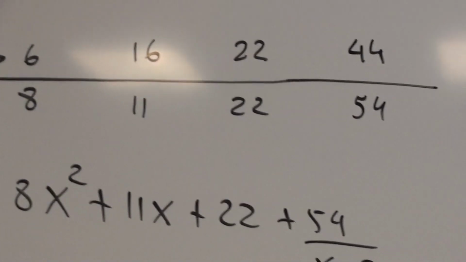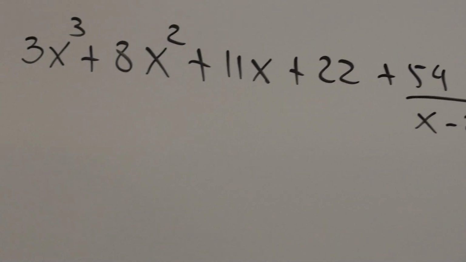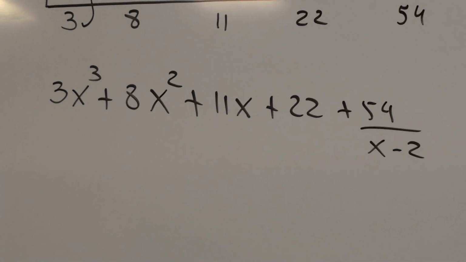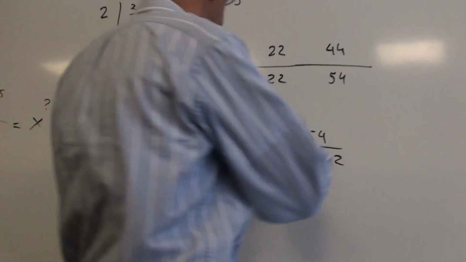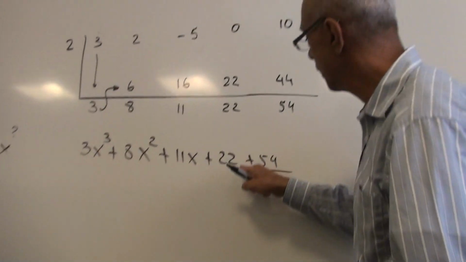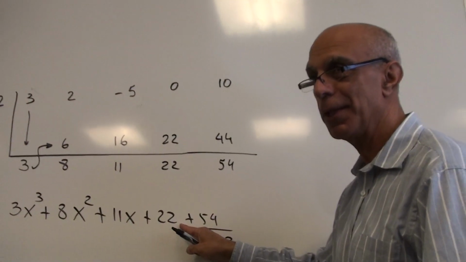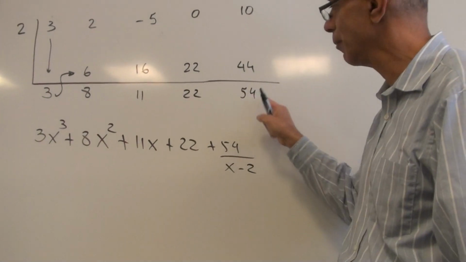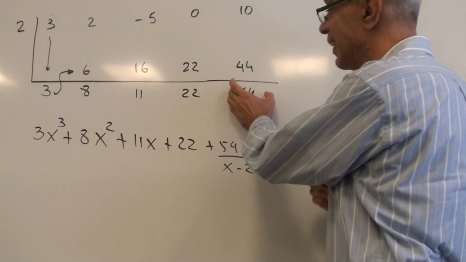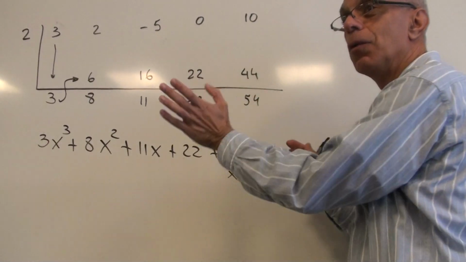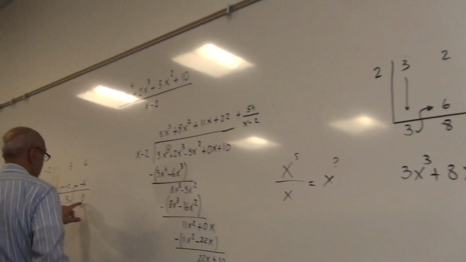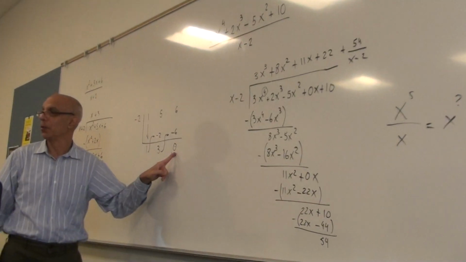Yes? How do you know 54 is a remainder with the synthetic type of division? Well, because you come here, this is the equivalent to x to 0, right? So whatever comes out here is the remainder. If I had 0 here, then we would have no remainder. Remember the first example that I had 0 here? No remainder.